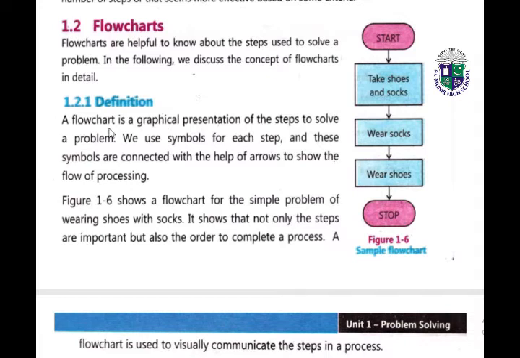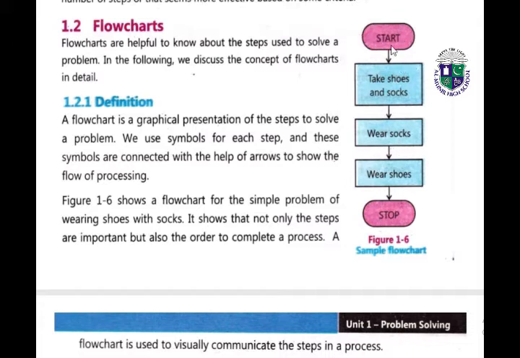So what is the definition of a flowchart? A flowchart is a graphical representation or presentation of the steps to solve a problem. To solve any problem, the graphical representation of it, the presentation, is called a flowchart. We use symbols. So here look at this example. Here we have some symbols.